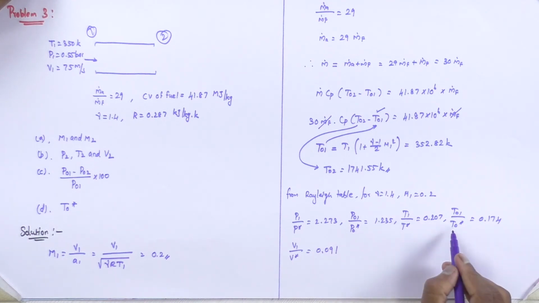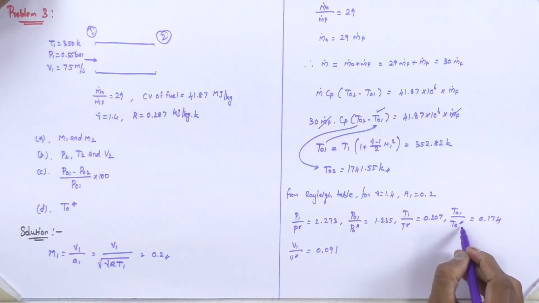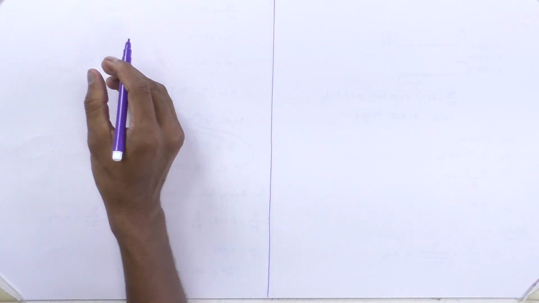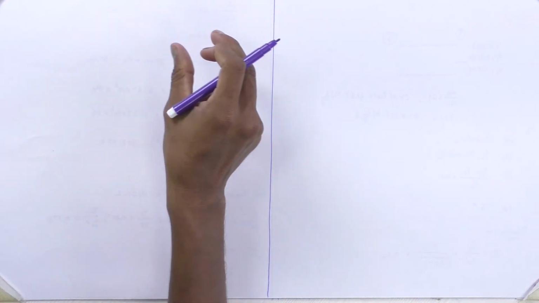From this ratio relation we can calculate the T0 star value. After calculation we will get T0 star as 2027.7 Kelvin.